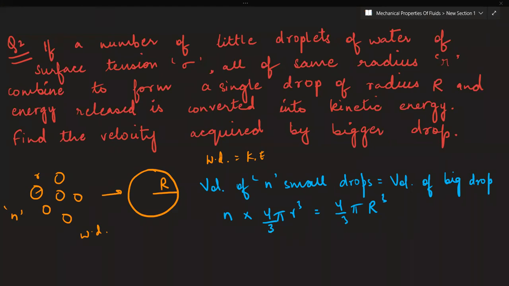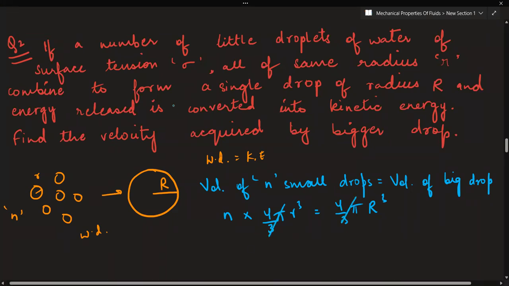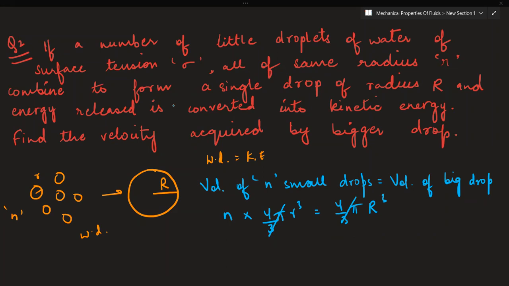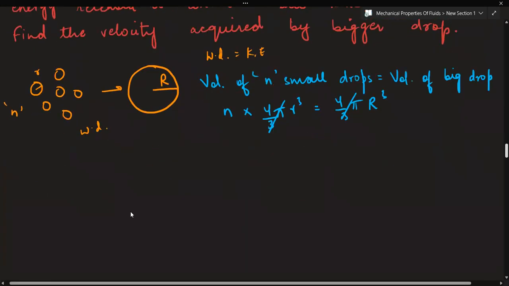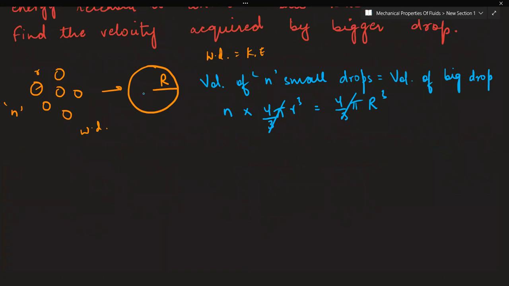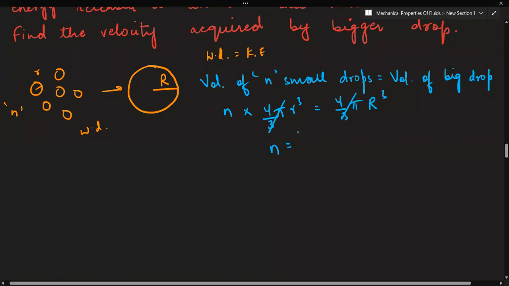See, 4 by 3 pi will get cancelled by this 4 by 3. From here, you can say capital R cube divided by small r cube will give us the value of small n.